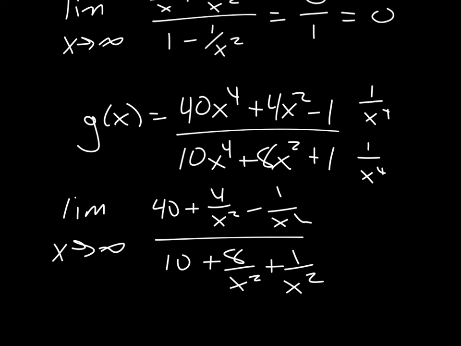So then we're at 40 over 10. So then 4. If it's just like 1, why isn't it 1 over x to the 4th? It should be. Sorry. Yeah, you're right. This should be over x to the 4th. Thank you. Is that okay? All right, and then the degrees were the same.